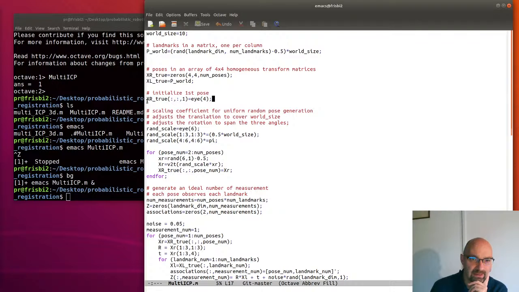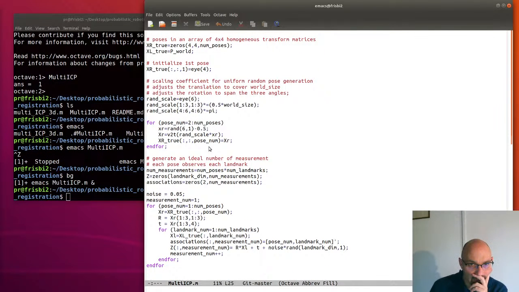We put the first pose at the origin, and then we generate random positions by generating a random scale and applying this scale to the matrices. Here I'm just constructing the problem, sampling positions.